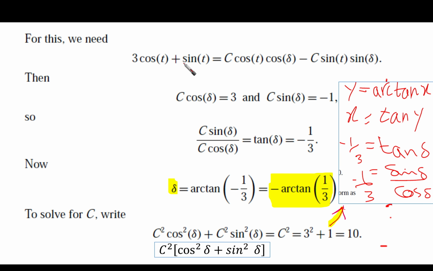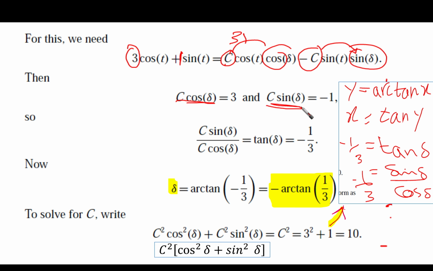Okay, so this is what I said, that c and cosine delta are going to be 3, which is similar to this term, and sine t, which has 1 here, must equal minus c times sine delta. C sine delta equals minus 1. It is the same, we put only the minus on the right hand side.